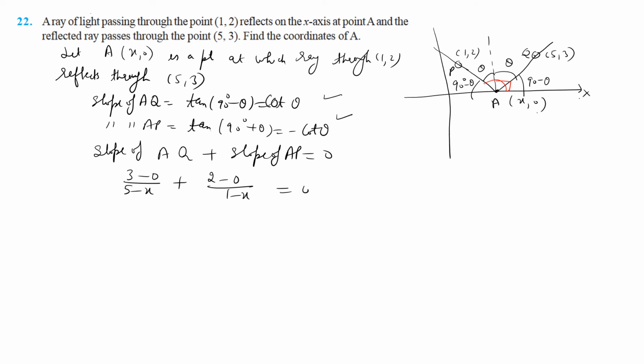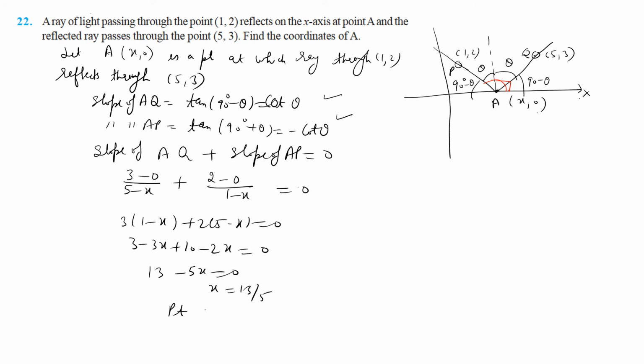Now the question is solved. So 3 into 1 minus x plus 2 into 5 minus x equal to 0. So 3 minus 3x plus 10 minus 2x equal to 0. So 13 minus 5x equal to 0. x is 13 by 5. So the point has the coordinates 13 by 5, 0.